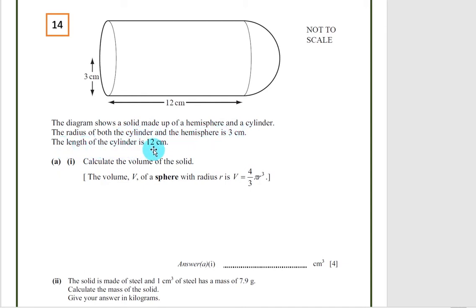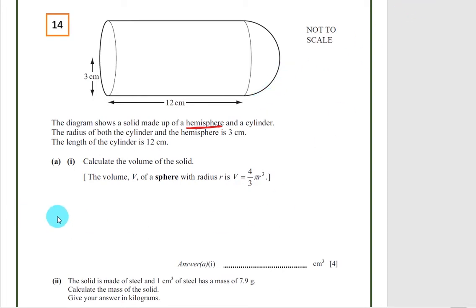The length of the cylinder is 12 cm. Calculate the volume of the solid. The volume of a sphere is 4/3 pi r cube. Take into consideration it's a hemisphere, so half of this part.